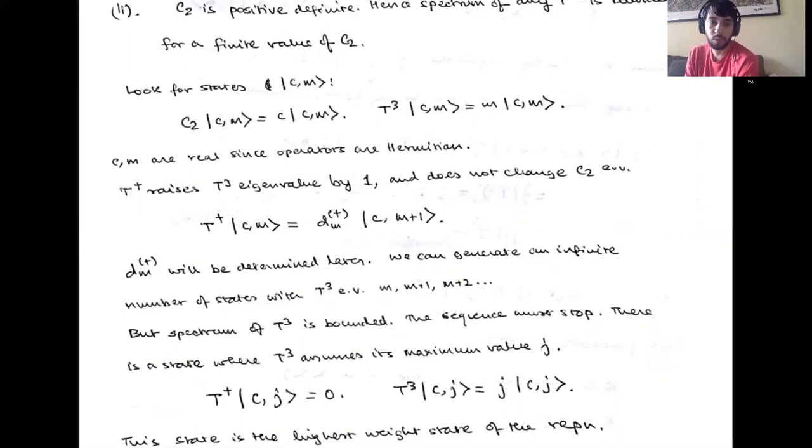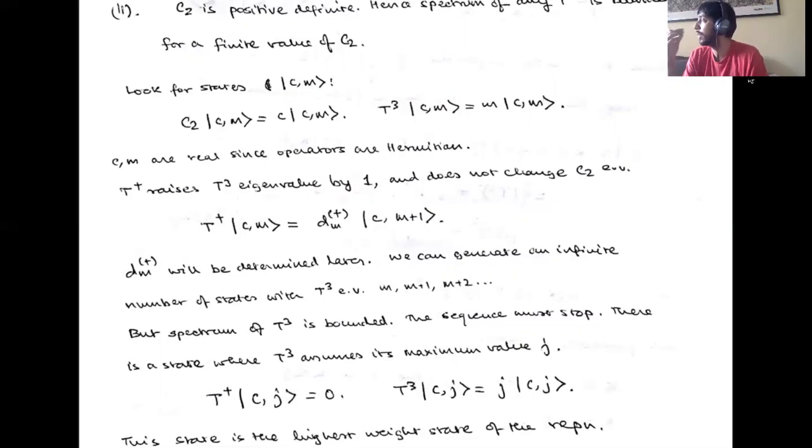But what is going to be the case is that the spectrum of T3 has to be bounded, right? So the sequence has to stop at some point. Okay, so there is going to be a state.